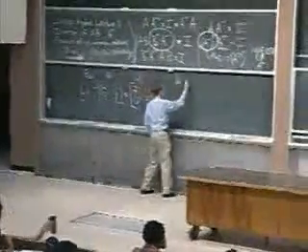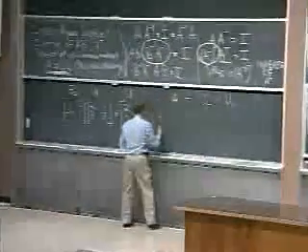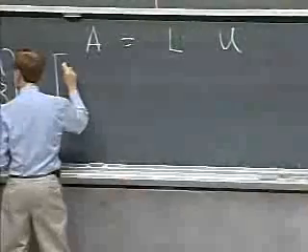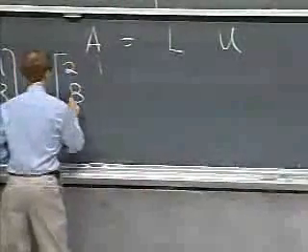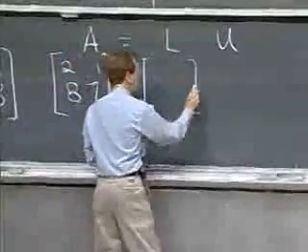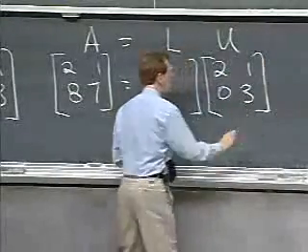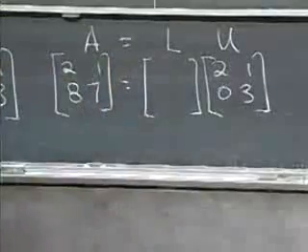Now here's going to be my A equals LU, and you won't have any trouble telling me what. So A is still 2, 1, 8, 7. L is what you're going to tell me, and U is still 2, 1, 0, 3. Okay, so what's L in this case?